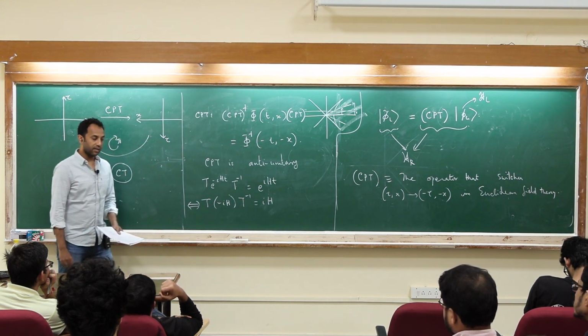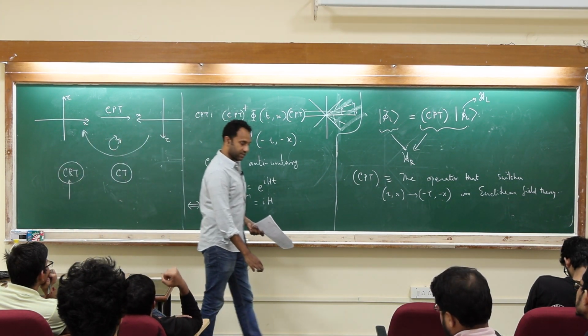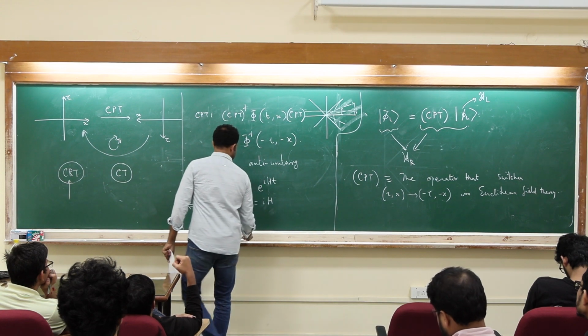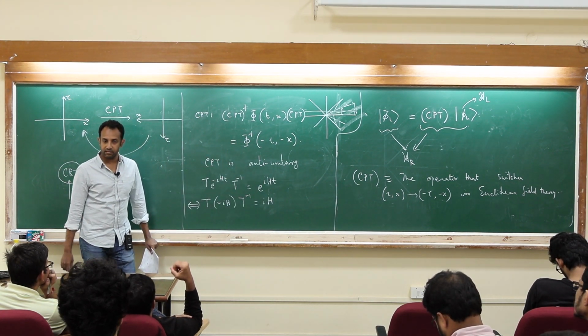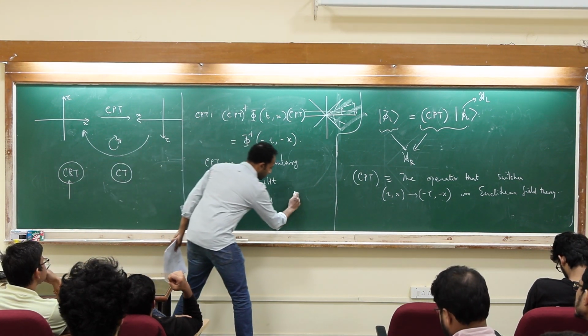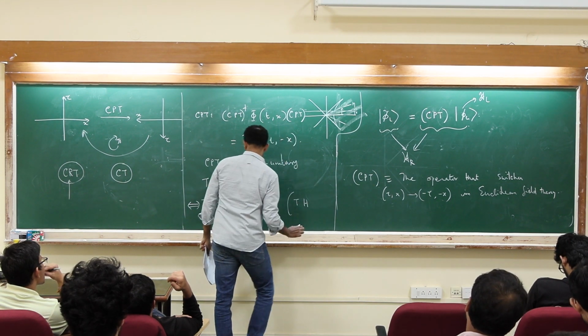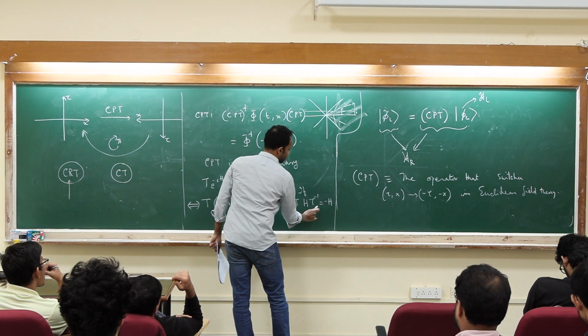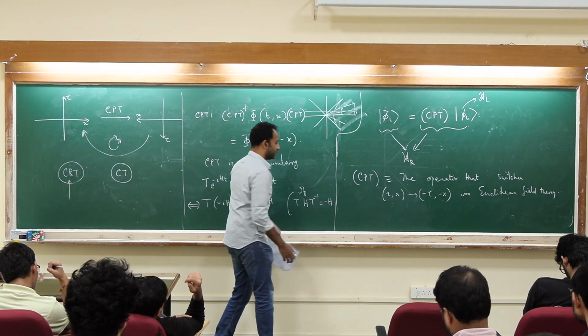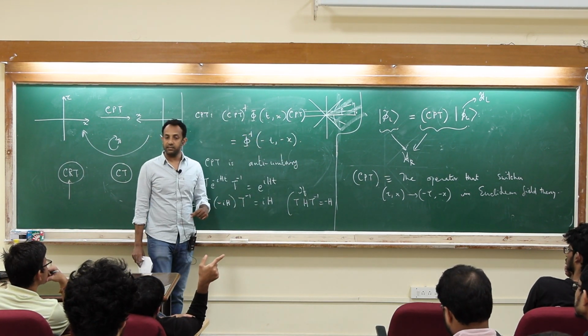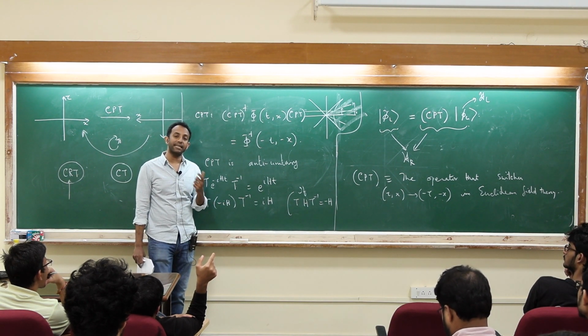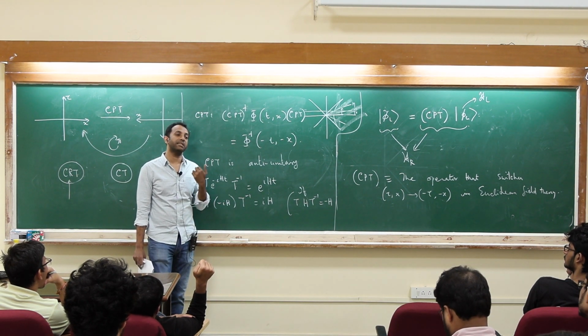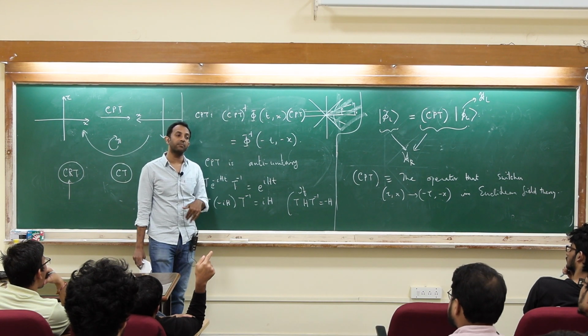There are two options in front of us. One is that T inverse is minus H. I'll leave it as an exercise here: if T inverse is minus H, you can show that under time reversal, the eigenvalues of eigenstates will flip sign, which means that your Hilbert space is unbounded from below.